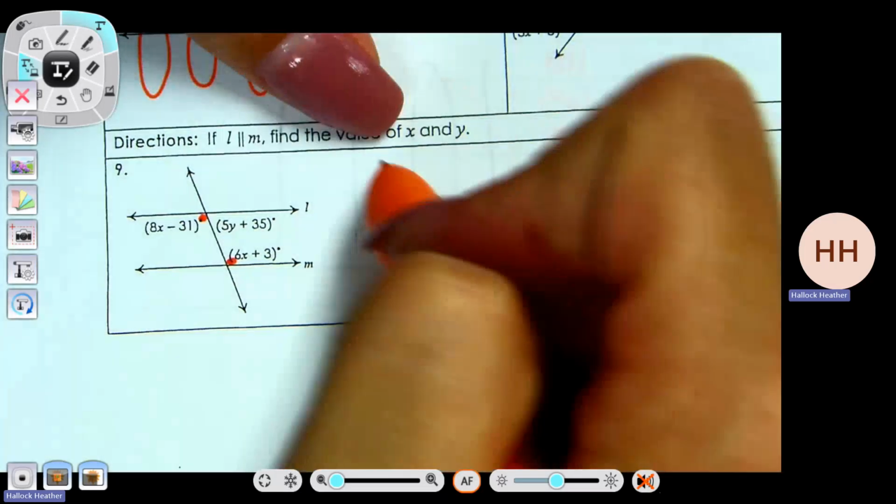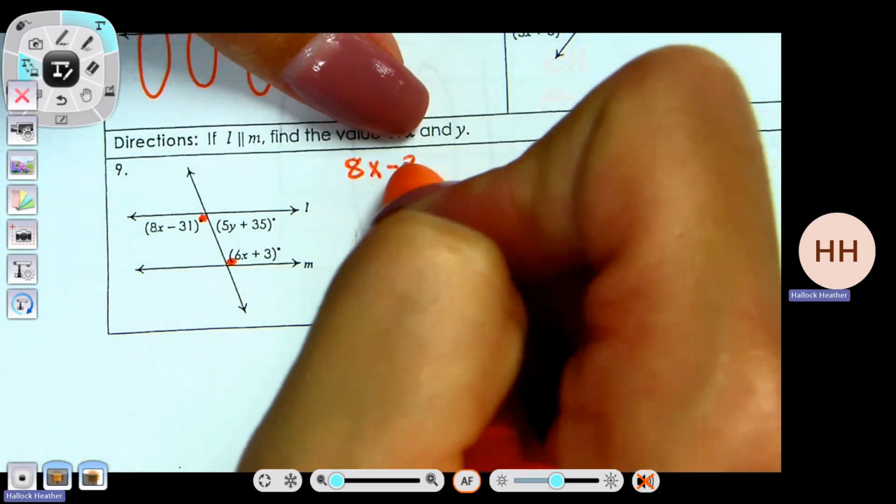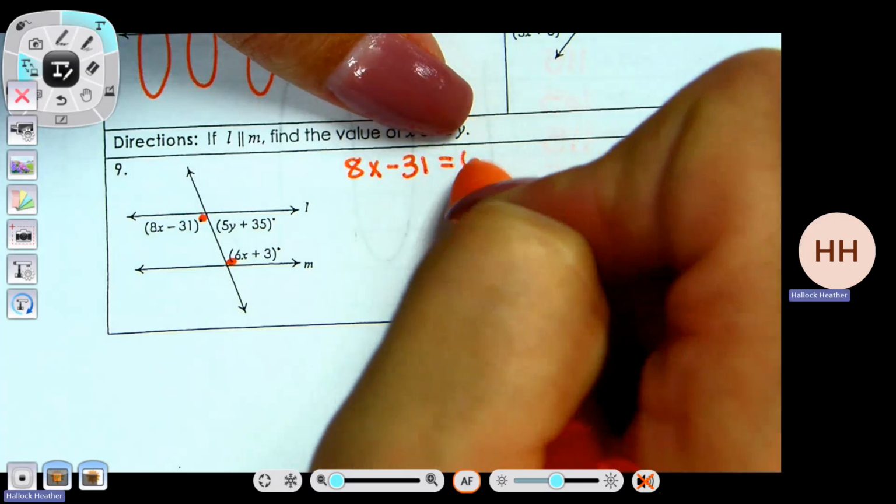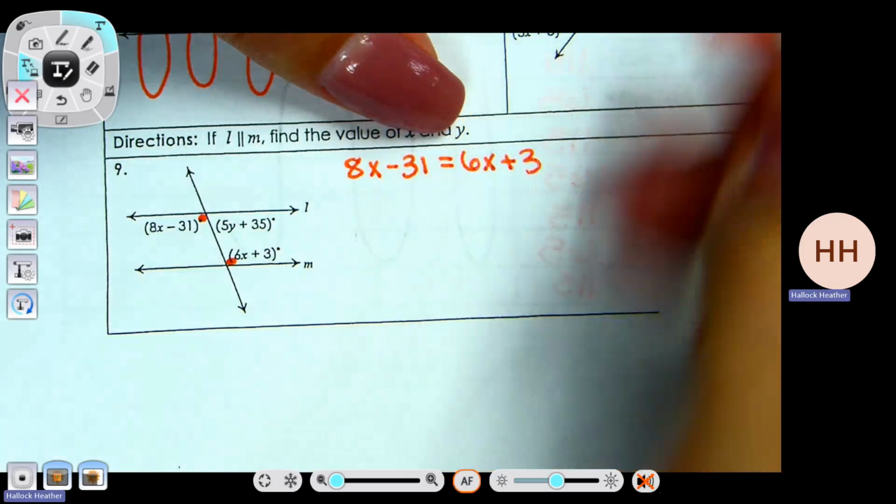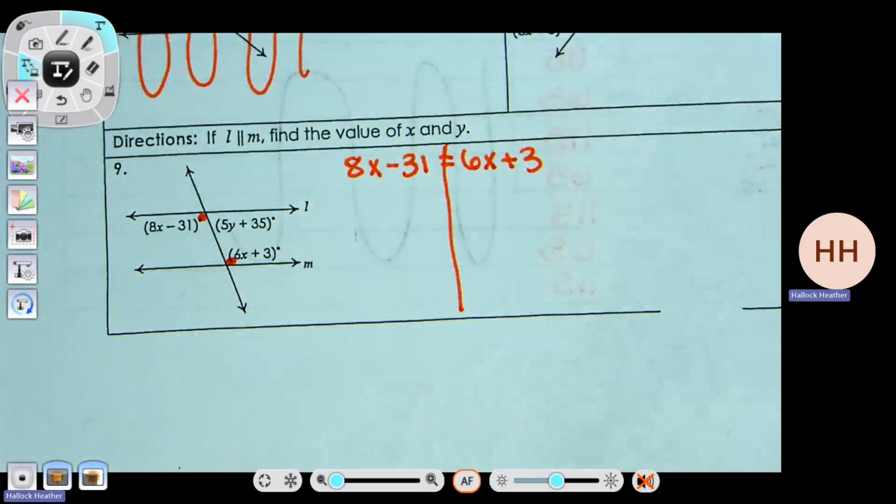So we're doing 8x minus 31 equals 6x plus 3. So take a minute, solve for x. I would add 31 to both sides.